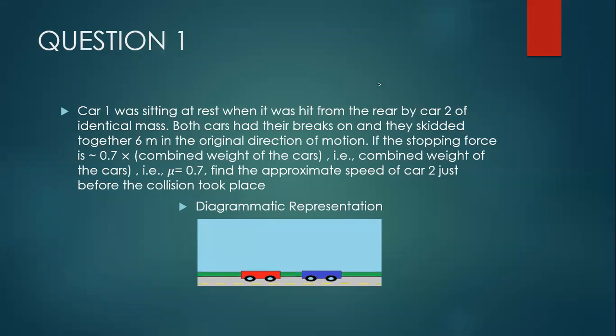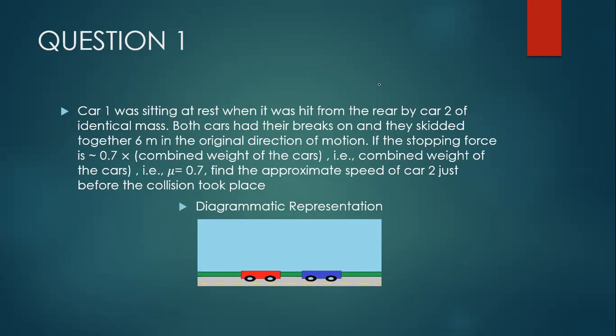It reads, car 1 was sitting at rest when it was hit from the rear by car 2 of identical mass. Both cars had their brakes on and they skidded together 6 meters in the original direction of motion.